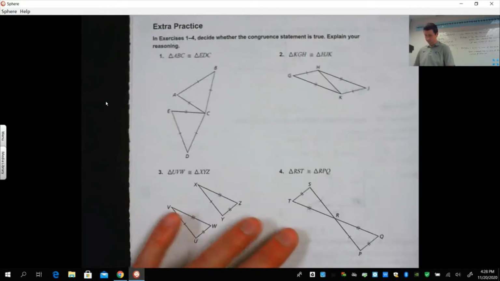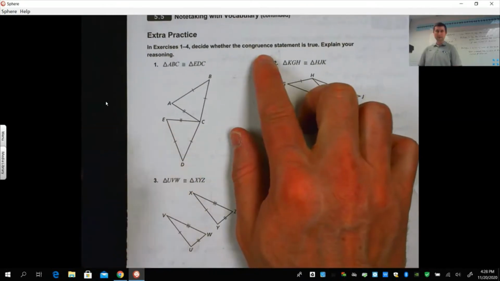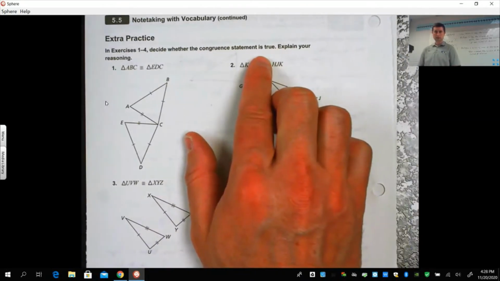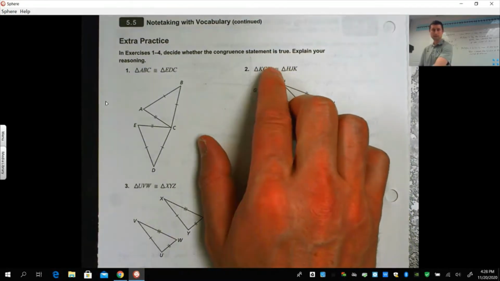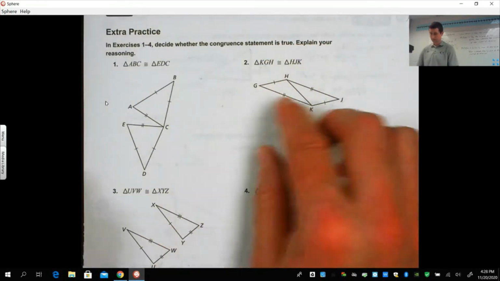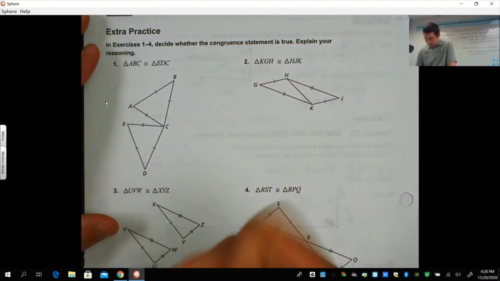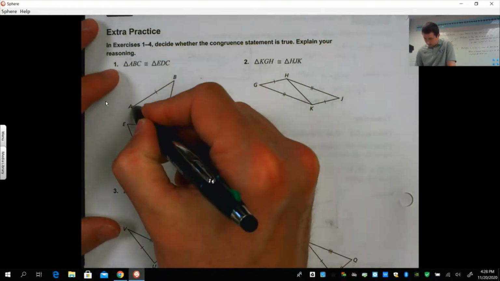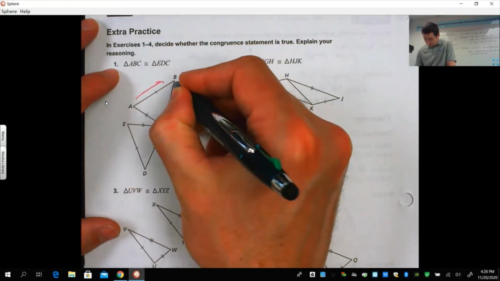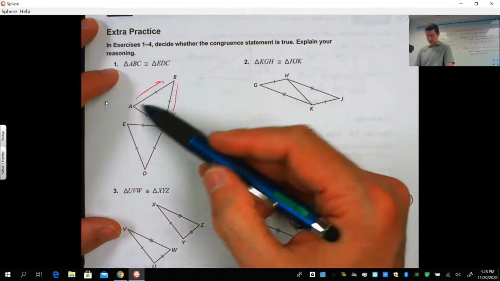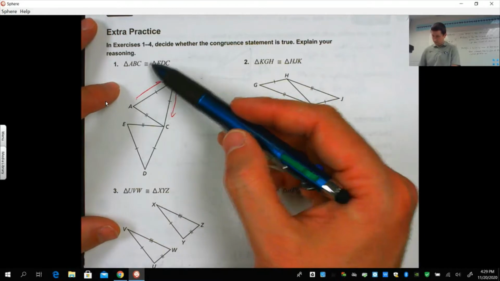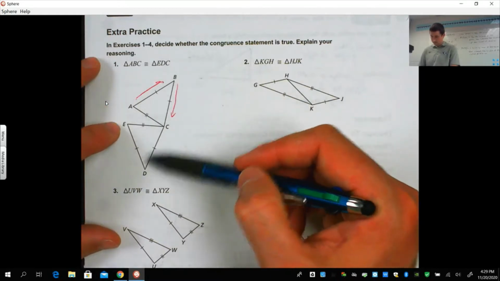So let's look at the type of questions you'll have here. Decide whether the congruence statement is true. Explain your reasoning. They're asking: triangle ABC is congruent to triangle EDC.